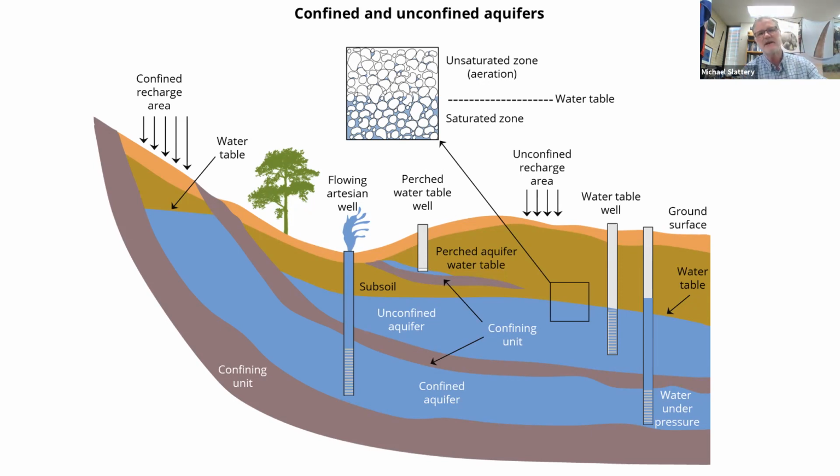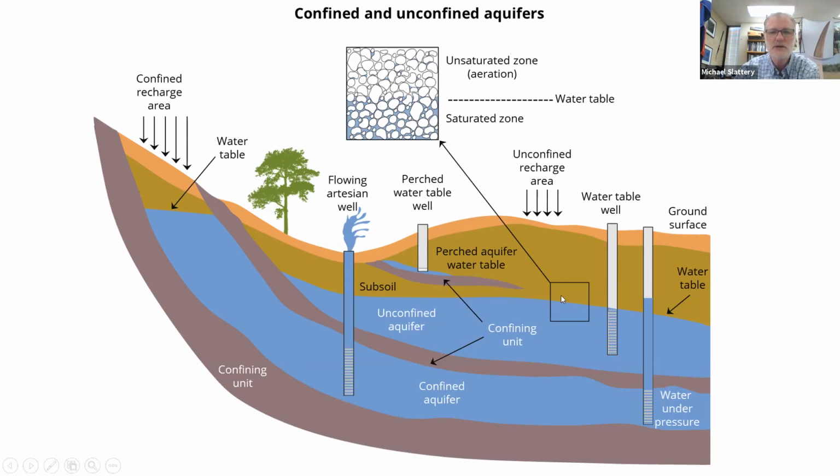An unconfined aquifer would be like taking the confined aquifer and lifting the top layer over. In other words, the pages or the soil or the rock units are exposed at the surface, and water can get into them and recharge that aquifer from above. That's an unconfined aquifer, and that's the little inset that you see in this diagram that I've tried to draw here.